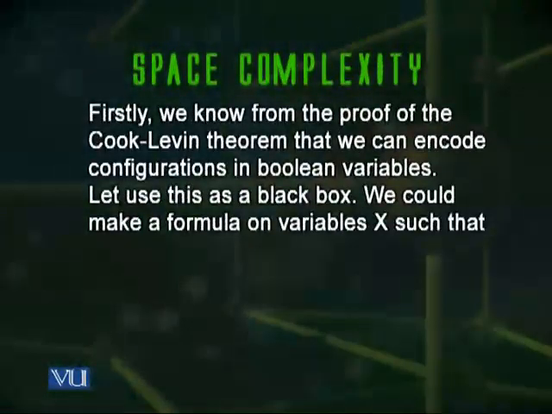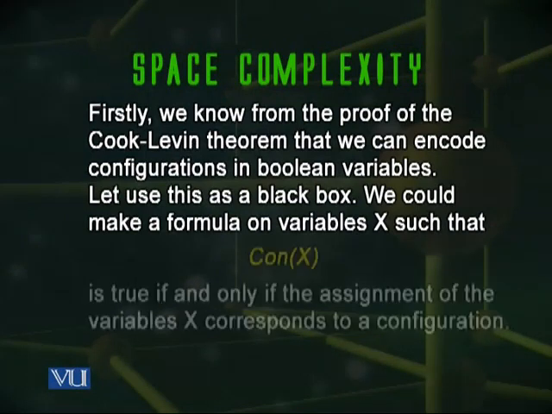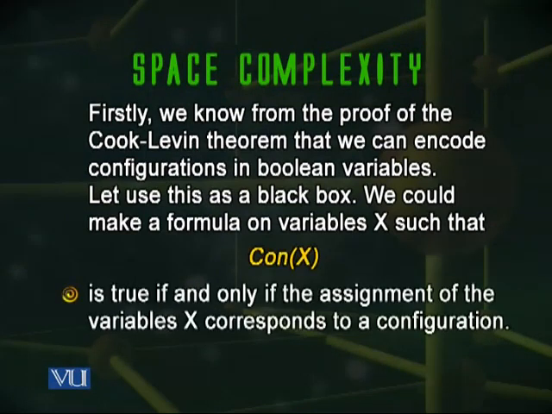Let us use this as a black box. We could make a formula on variables x, and the only thing we need to know is that x had a polynomial number of variables in the length of the configuration, such that this formula Conf of x is true if and only if the assignment of variables of x corresponds to a configuration.